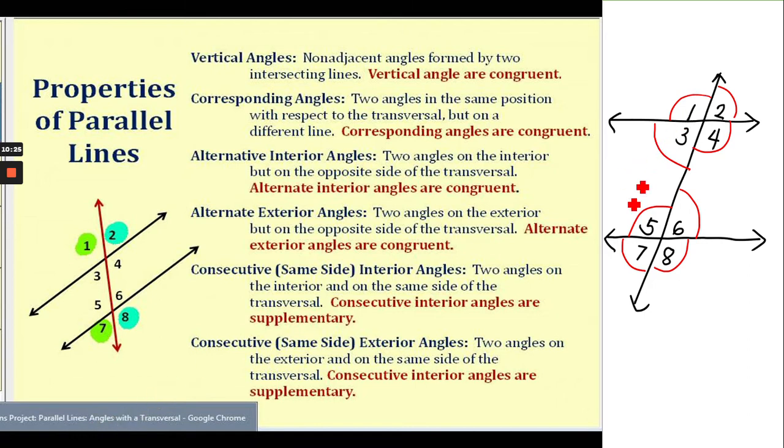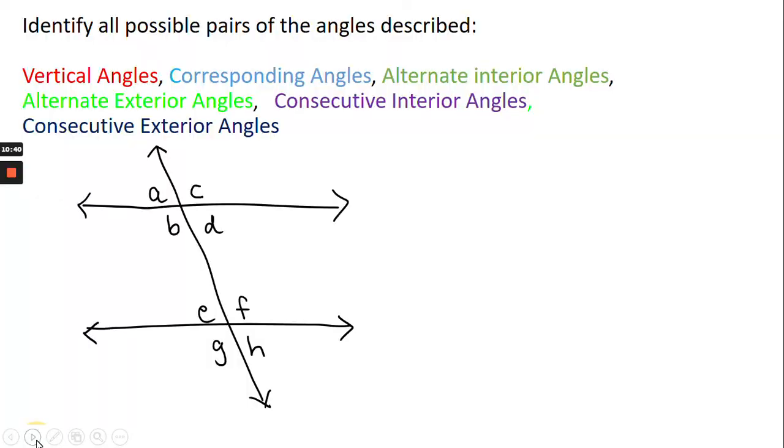Okay, so these are all pairs of linear pairs. I hope you understand those pairs of angles formed by parallel lines cut by a transversal line.